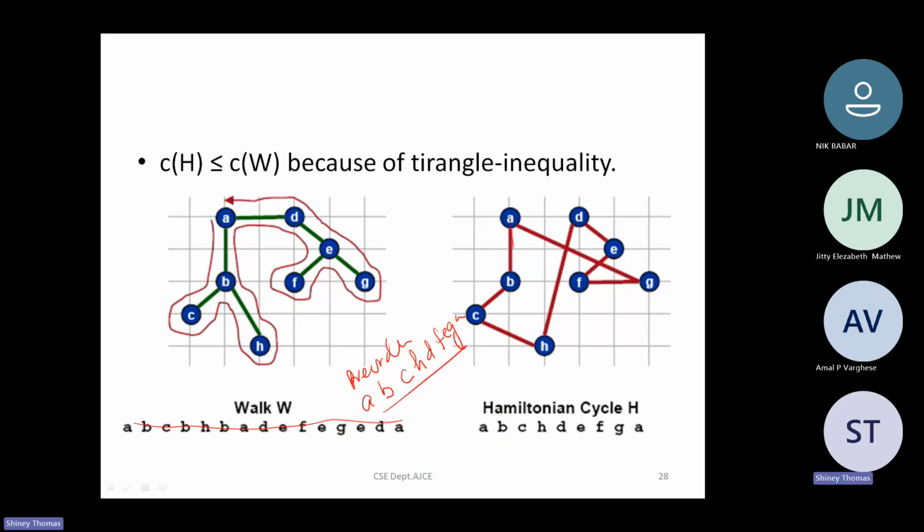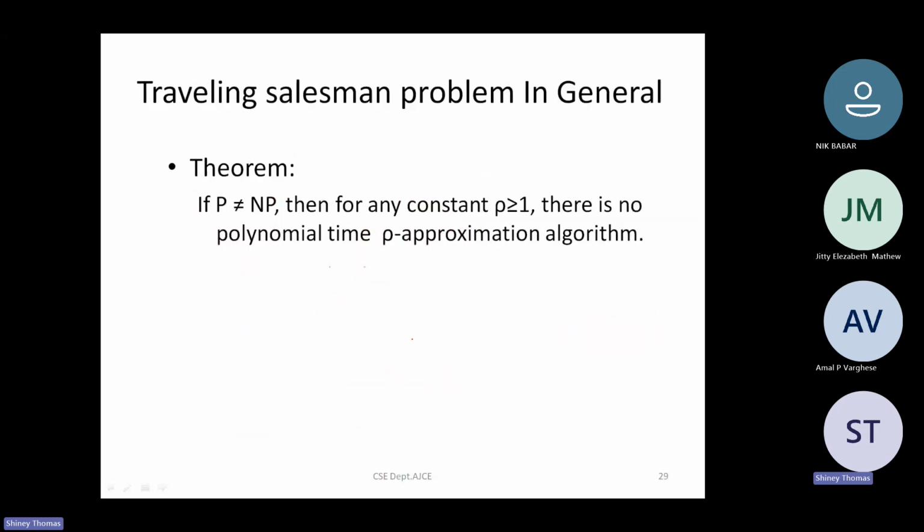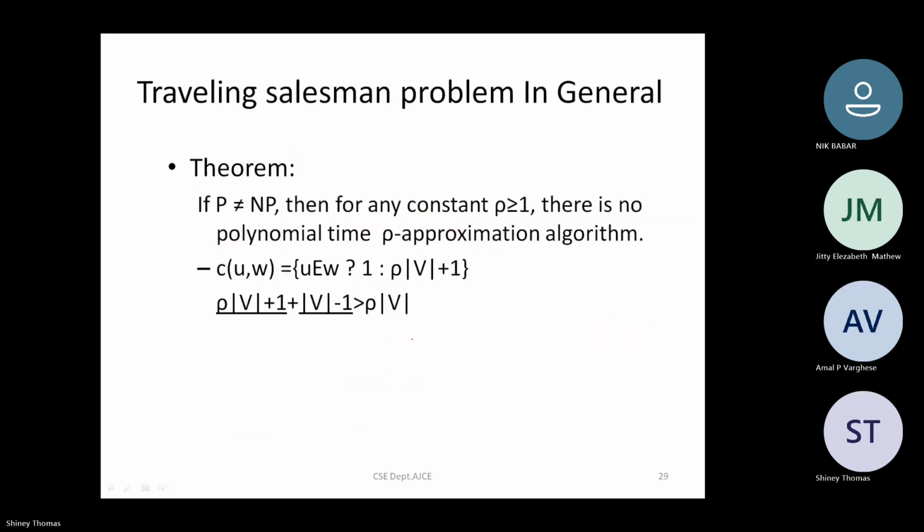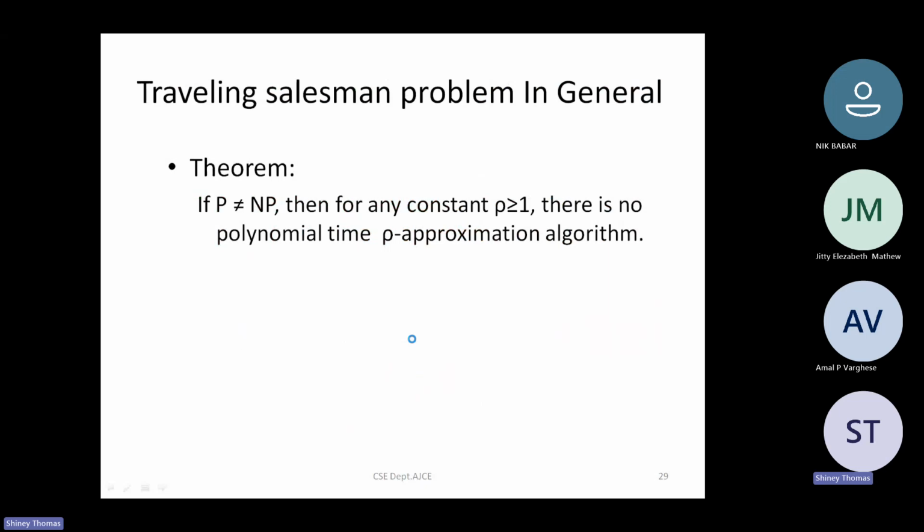Now in that order, when you take a tour, you will be visiting all the vertices like this, and finally going back to A. The cost of this will be the cost of the traveling salesman solution. Okay, so that is the basic idea.